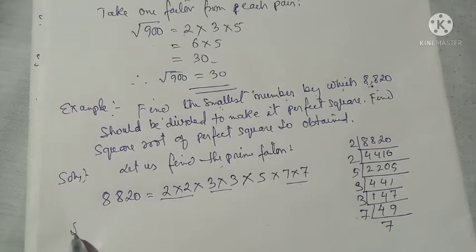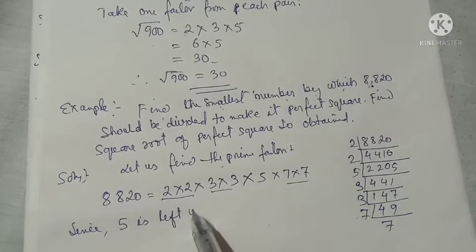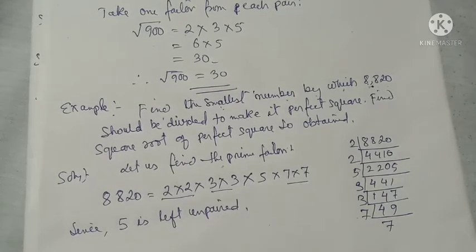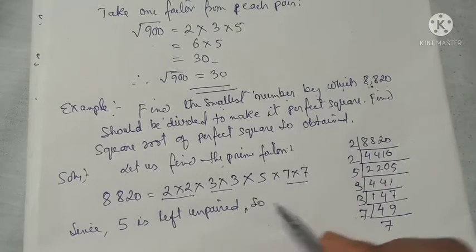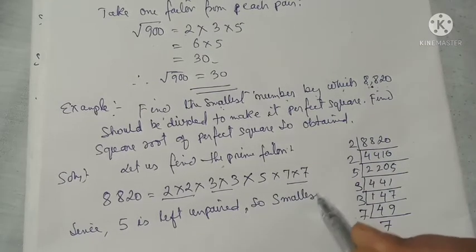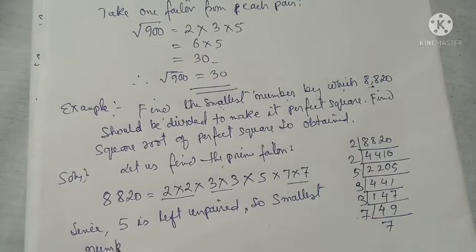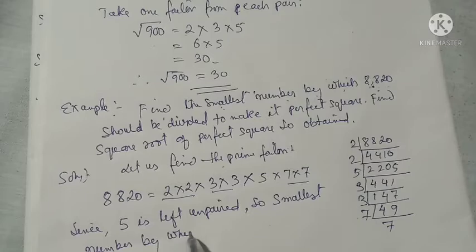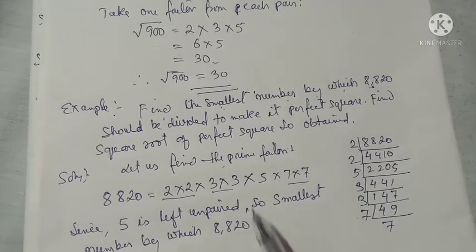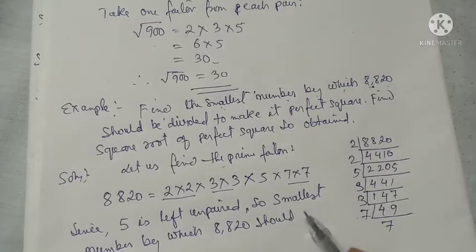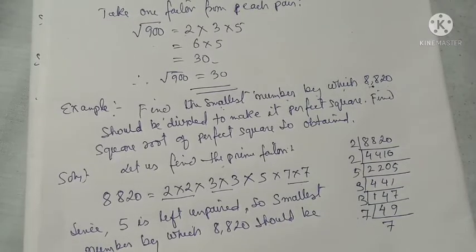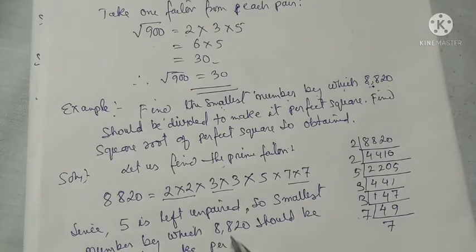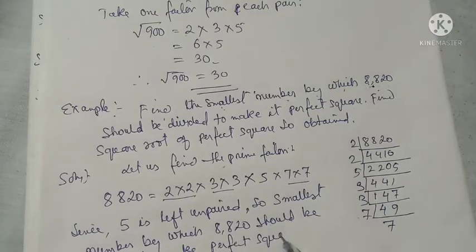So since 5 is left unpaired, the smallest number by which 8,820 should be divided to make a perfect square is what? Which number? 5. The unpaired number should be divided.